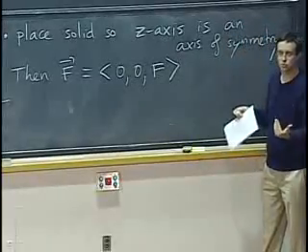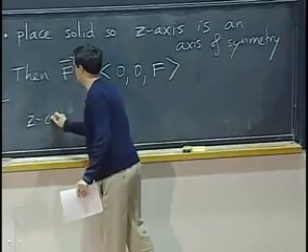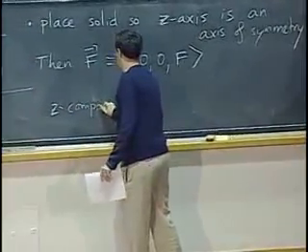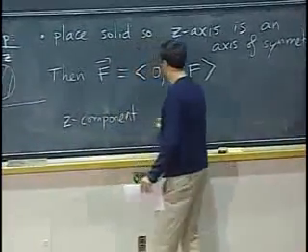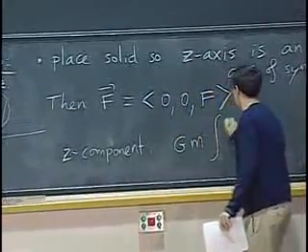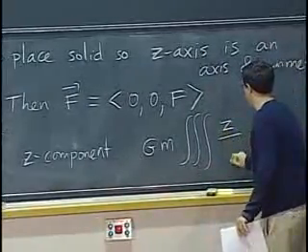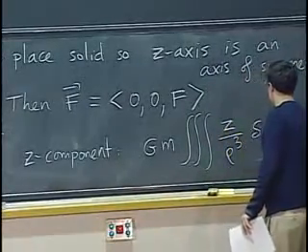And then you just need to compute that component. And that component will be just G times m times the triple integral of z over rho cubed delta dV.